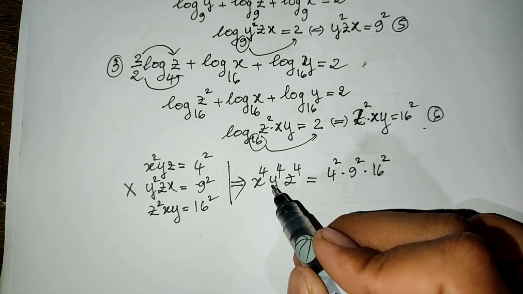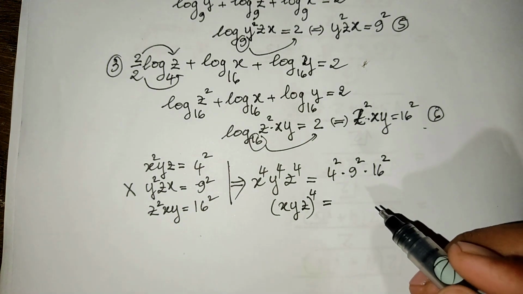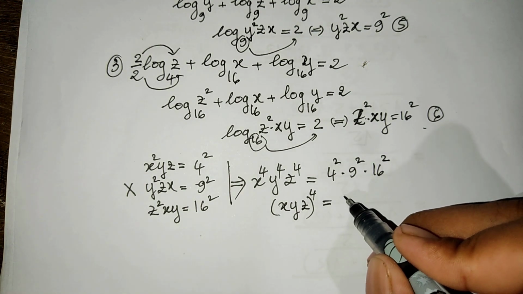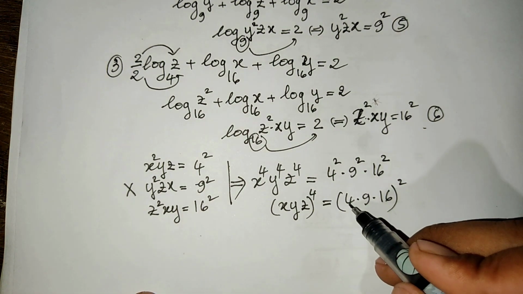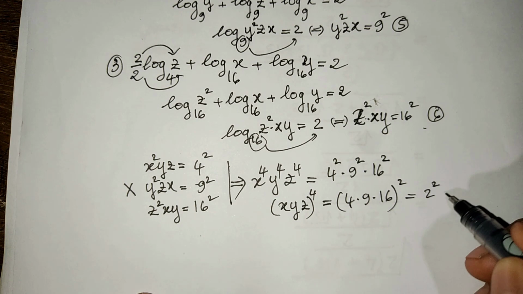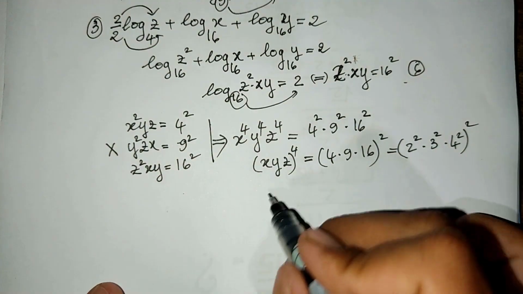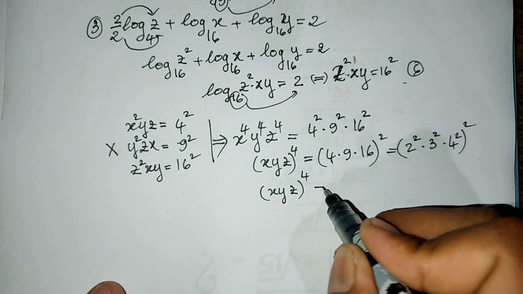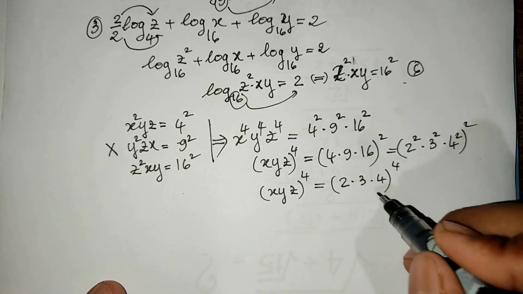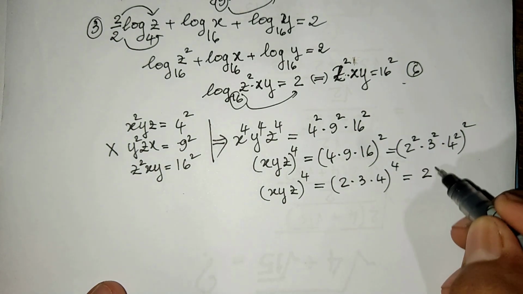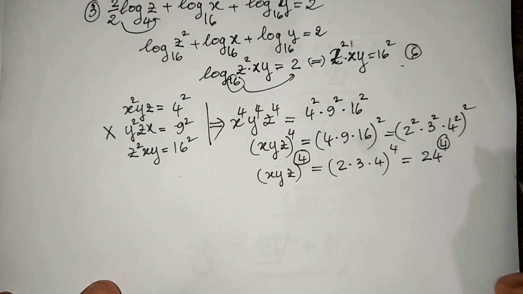So x, y, z all to the power 4 equals 4 times 9 times 16 all squared. Since 4 is 2 squared, 9 is 3 squared, and 16 is 4 squared, we get x, y, z all to the power 4 equals 2 times 3 times 4 all to the power 2 times 2, which is 24 to the power 4.